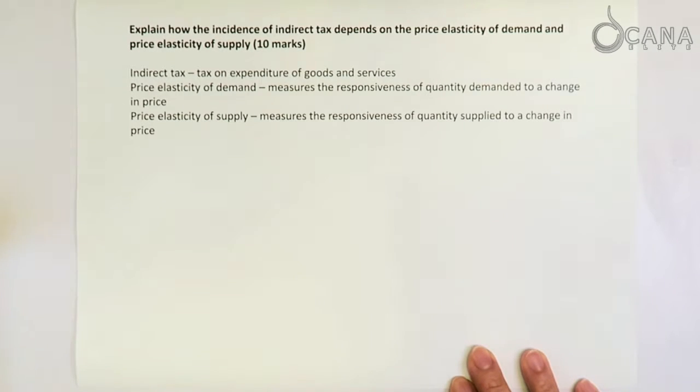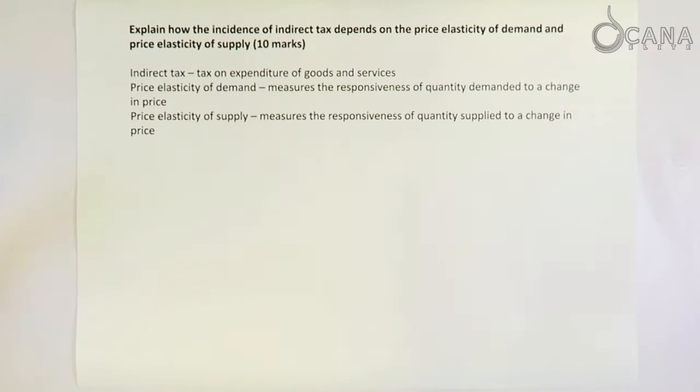Now, when price elasticity of demand is smaller than price elasticity of supply, which means that demand is more inelastic, it means that consumers are less responsive to a price increase than producers. Think about it. Indirect tax would increase the price, right?